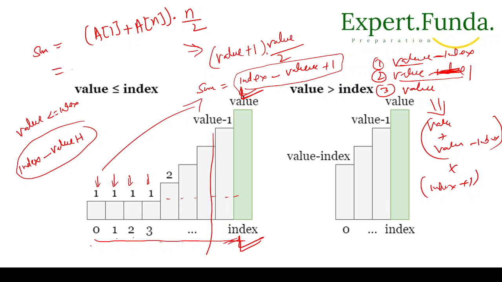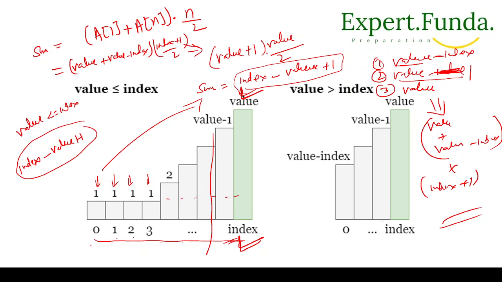If I write it here, first we have value, then we add value minus index. And we know that n is index plus 1, divided by 2, that we are talking about here.